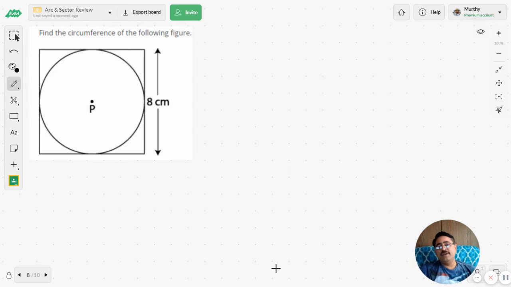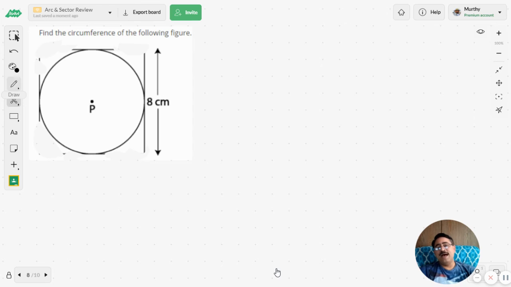Really quick few questions. Find the circumference of the figure. Actually, it is supposed to be this way. I mean, only the circle is to be taken. Okay. Right. Find the circumference of the circle. This is the question.